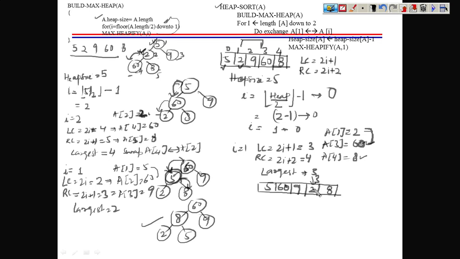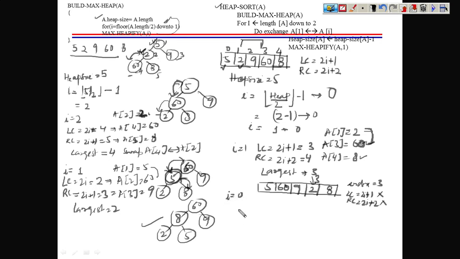When you apply the Heapify, you have to check whether the left and right child exist or not. For index 3, the left child, 2i plus 1, is not existing. The right child, 2i plus 2, is also not existing. That means you will not call Heapify recursively, and you move to the next iteration, that is i equals 0.